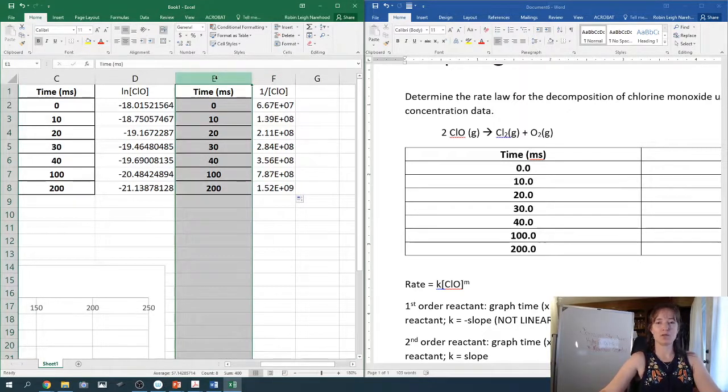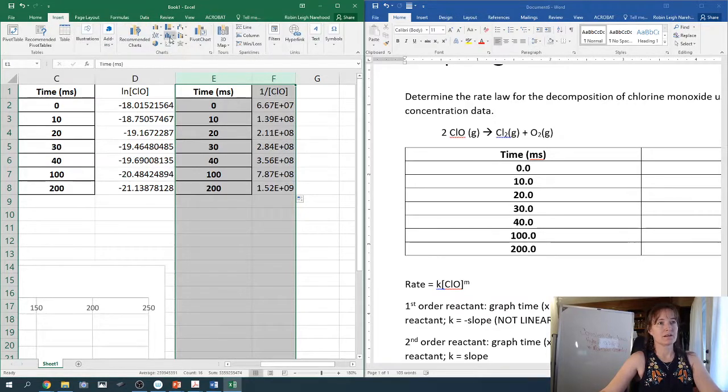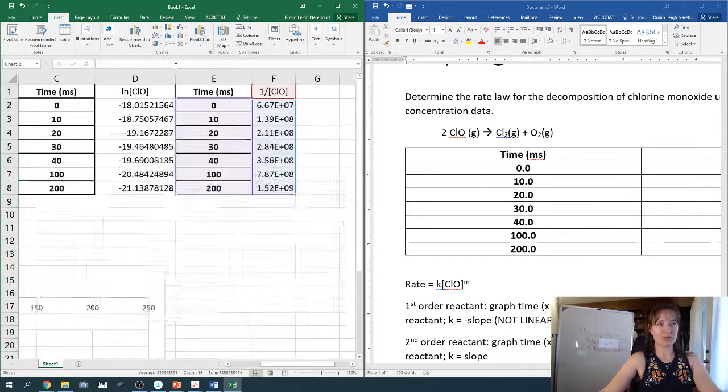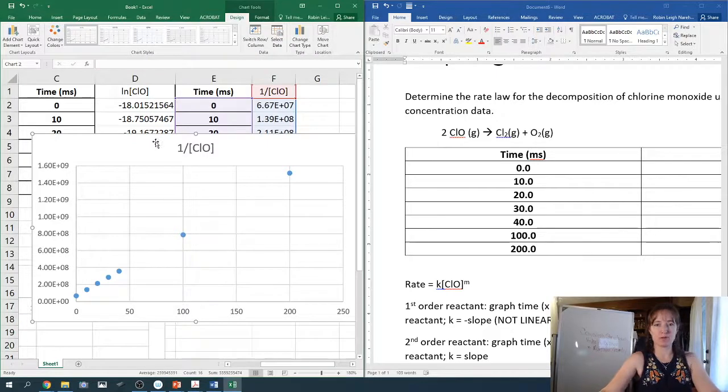So again, you want to insert a graph, and so you want to choose your x-axis first, and then choose your y-axis. Insert a scatter plot. Do not do any other versions. It needs to be scatter, and then you're going to add a trend line.